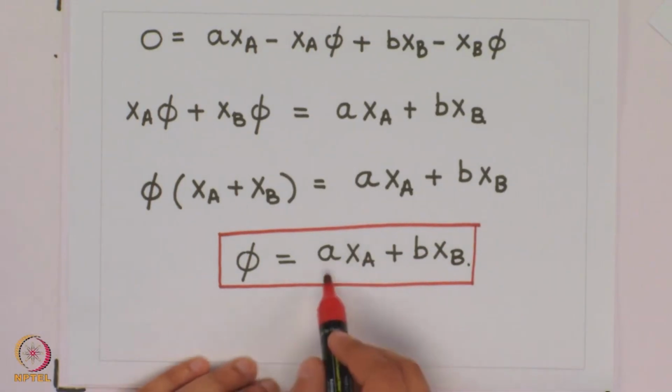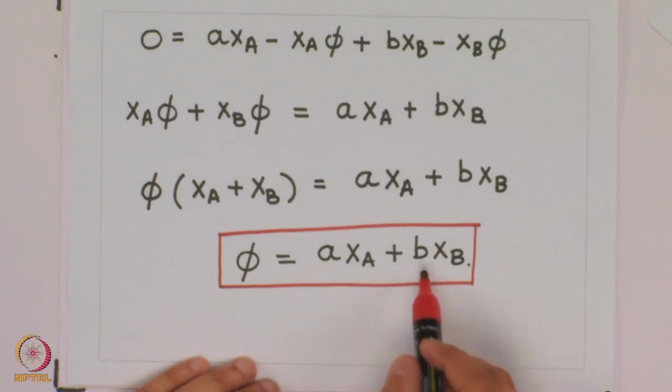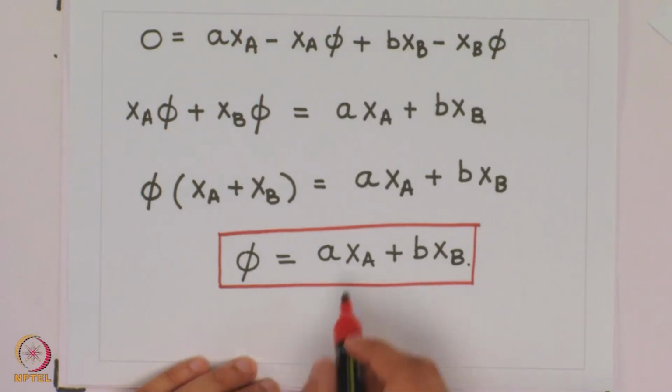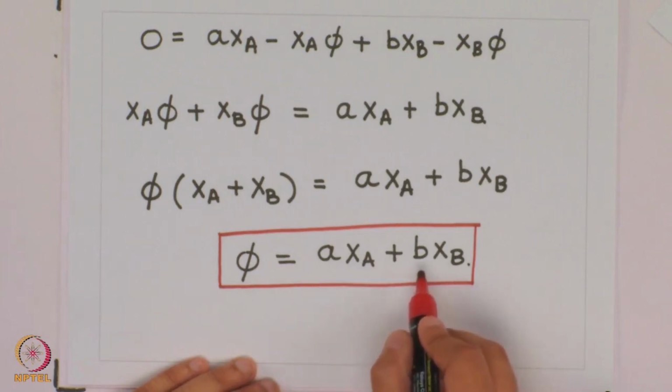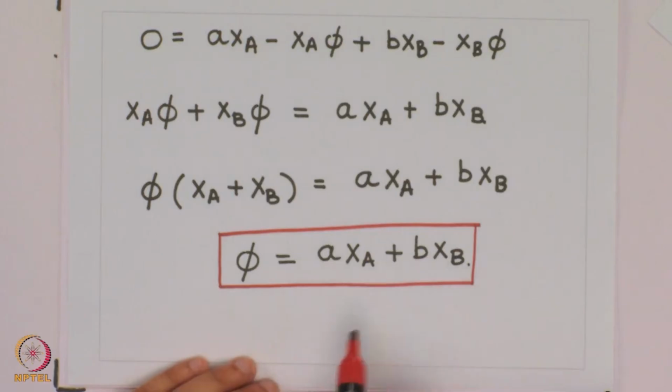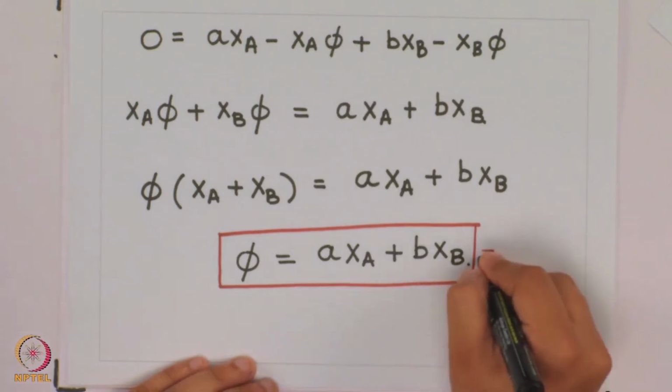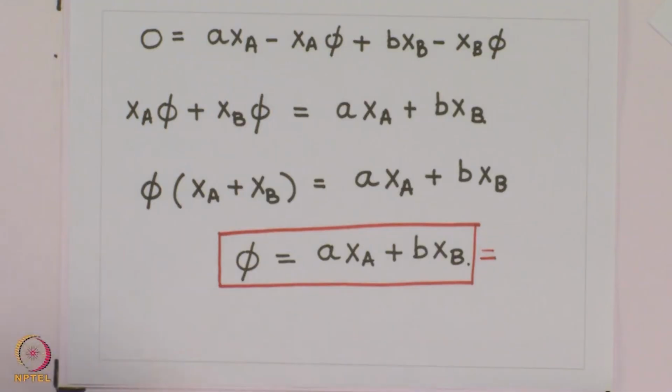What is a? a is the growth rate associated with genotype A, and b is the growth rate associated with genotype B. xa is the fraction of the population which belongs to genotype A. xb is the fraction of the population belonging to genotype B. So, what this tells me is the growth rate of A multiplied by the fraction of the population belonging to genotype A, plus the growth rate of B times the fraction of the population belonging to genotype B. This means that this is just equal to the mean fitness of the culture.